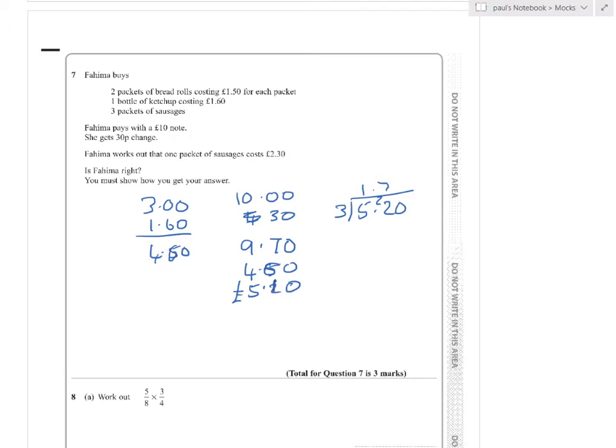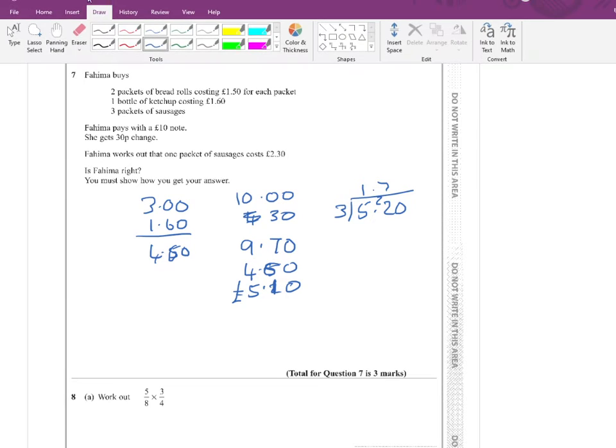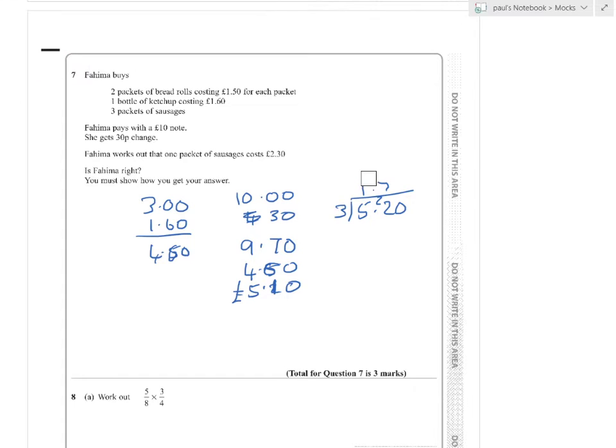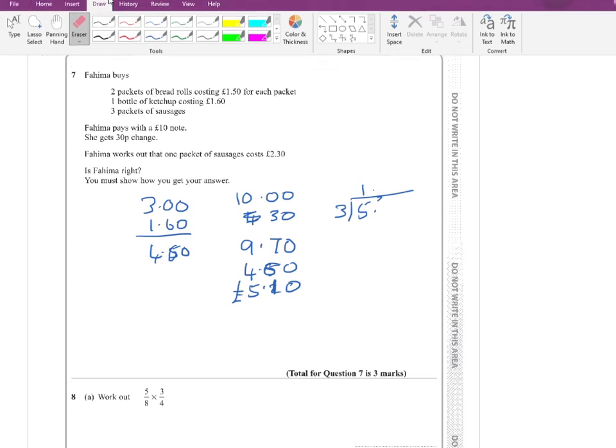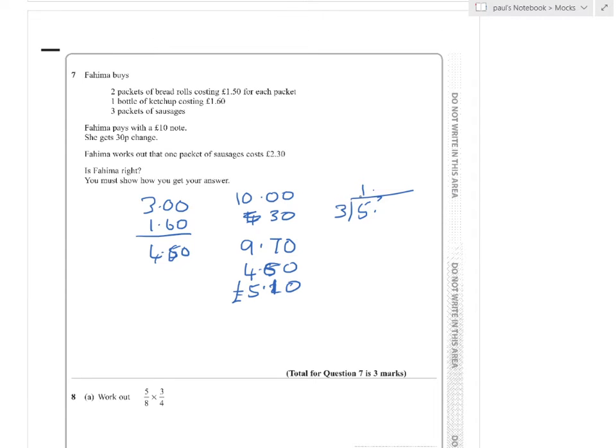So that will be £5.10 we're dividing. So 3 into 5 is 1, 2 over, 3's into 21 goes 7. So it's £1.70 for a packet of sausages.